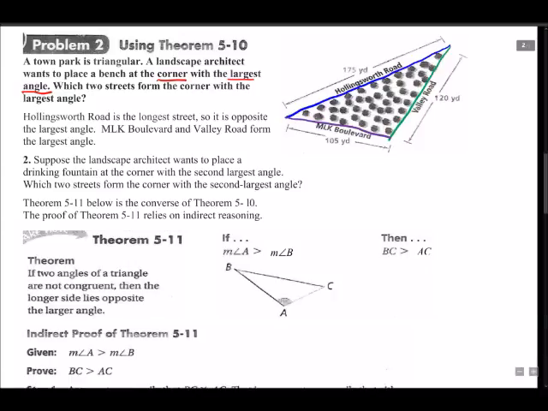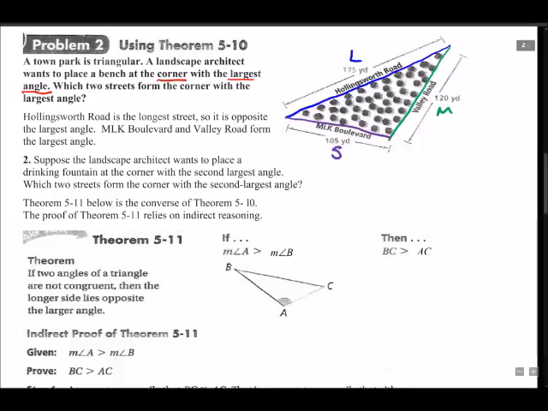So which side is our longest side? Well, that's 175. Which side is our medium side? That would be Valley Road over here at 120. And which side is our smallest side? That's MLK Boulevard at 105 yards. So we want to find the largest angle.